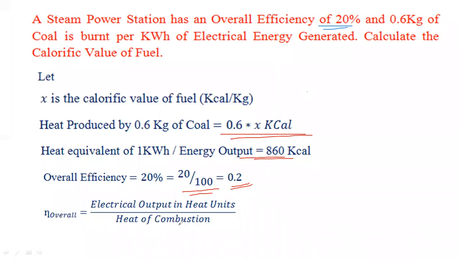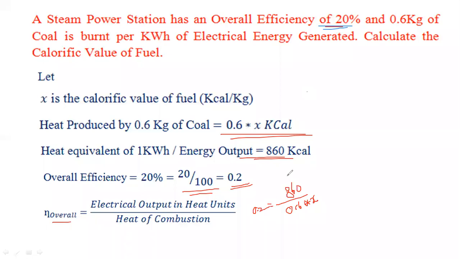What is the input? The heat of combustion, that is the steam produced. How much fuel is utilized? The fuel utilized is 0.6 into x kilocalorie. Now we get 860 by 0.6 into x. What is the overall efficiency? The overall efficiency given in the problem is 20%, that is 0.2.